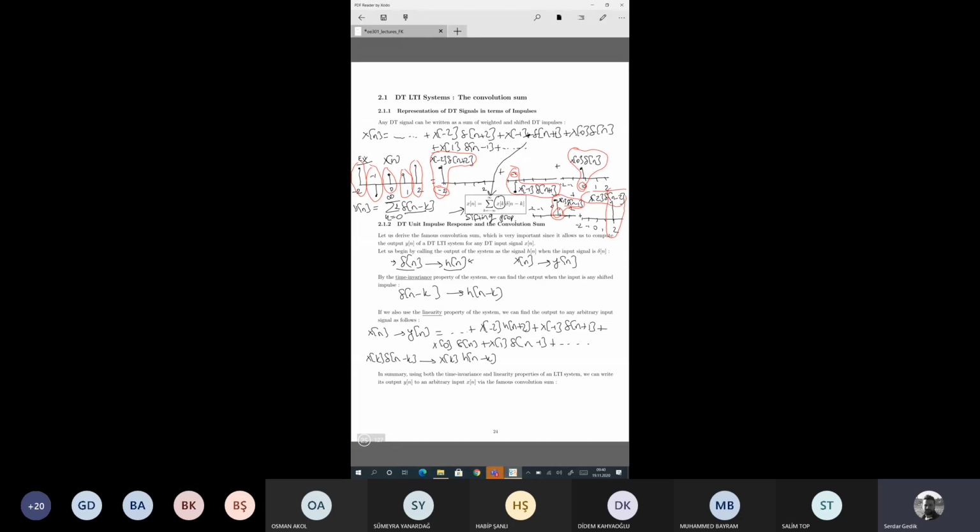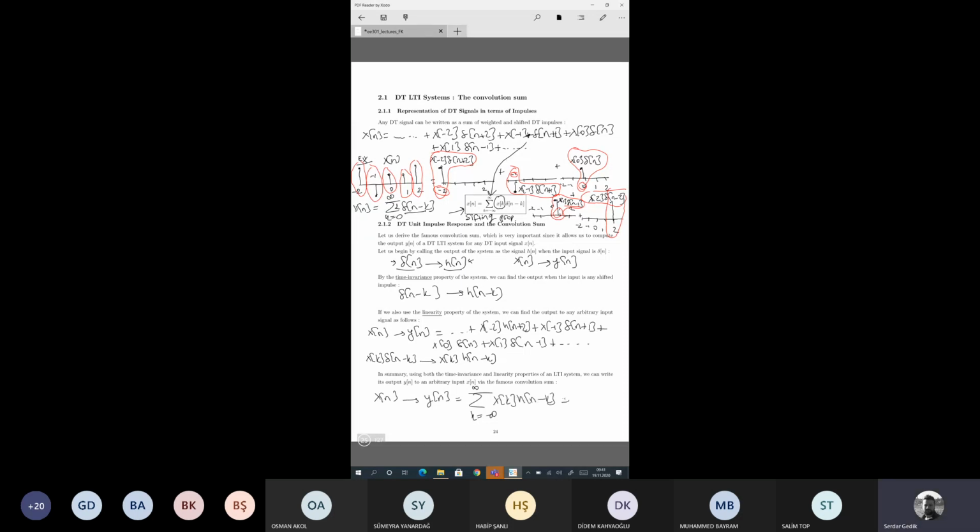If I sum many of those terms and give them as input to an LTI system, at the output I have simply scaled and shifted impulse responses. So if you have x of n at the input and y of n at the output, it is the sum over k from minus infinity to plus infinity of x of k, h of n minus k.